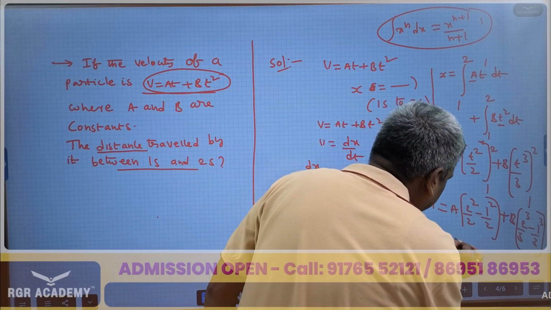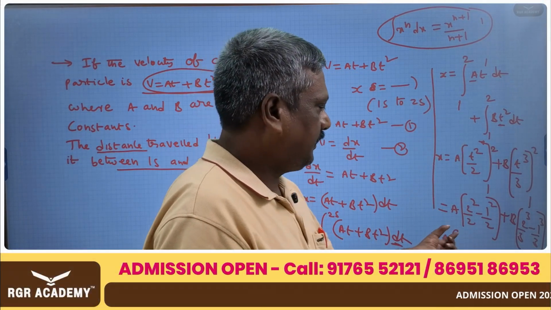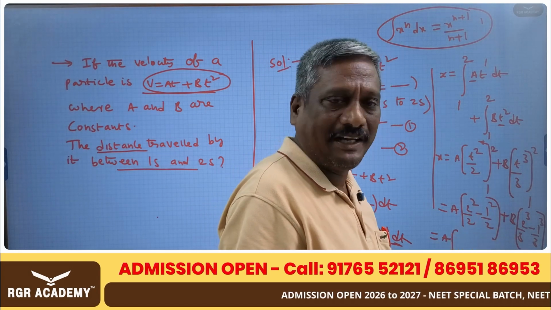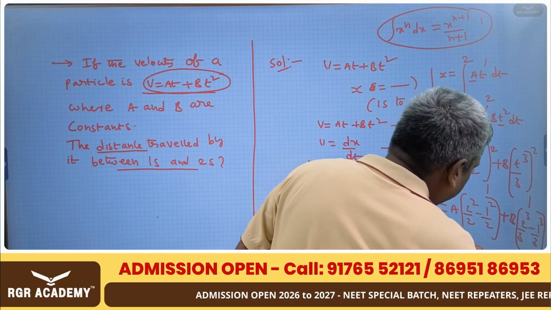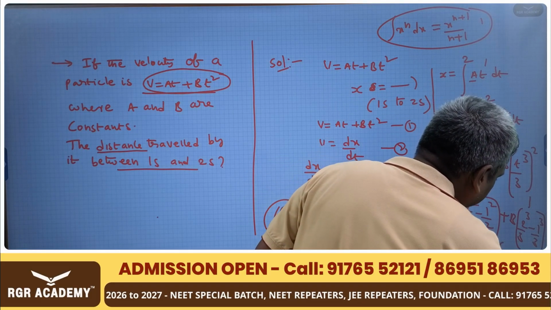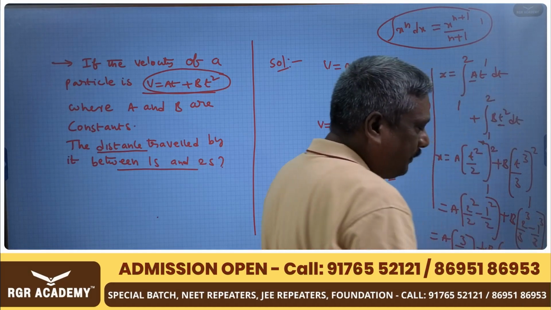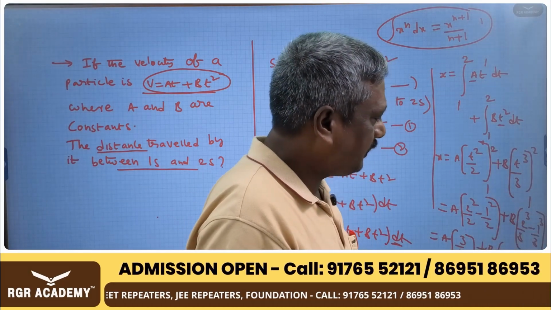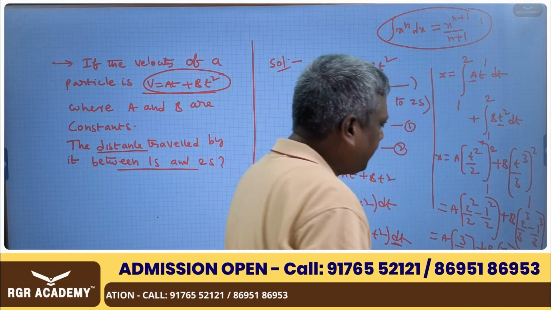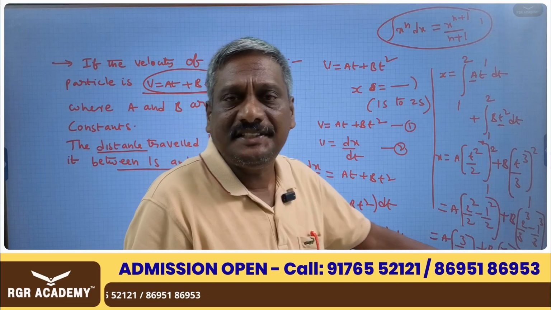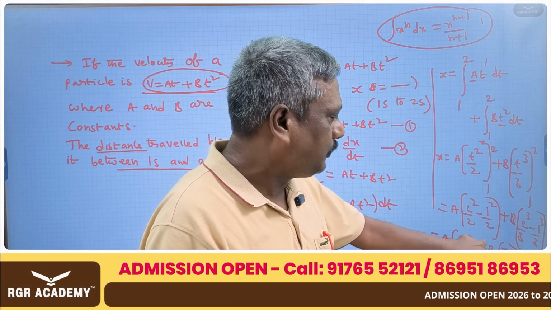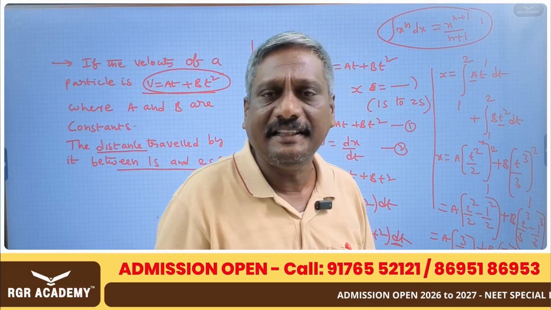Here 2 is taken as LCM: 2 square is 4, minus 1, this is 3 by 2 into a, plus b into 2 cube is 8, 8 minus 1 is 7. What is the final answer? The distance traveled by the particle is equal to 3a by 2 plus 7b by 3.